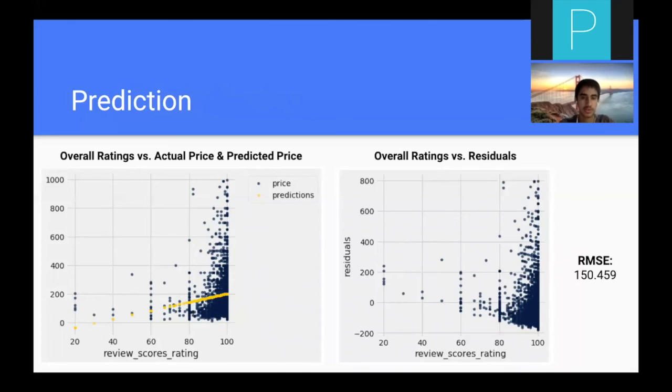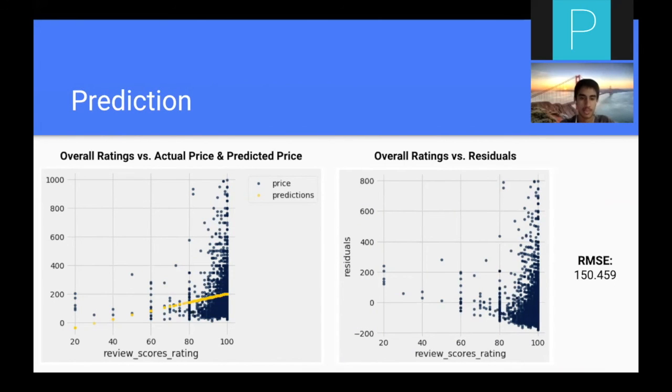So as you can see in the first plot, the actual points are kind of spread out from the prediction. And to quantify it, you can see the residual graph on the right, as well as the root mean squared error of 150.459. And it kind of shows that there's a relatively large gap between predictions and actual points.